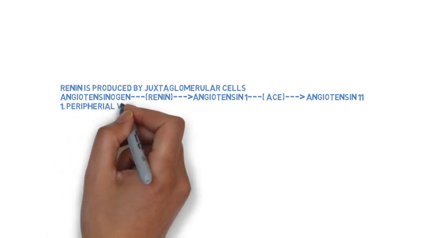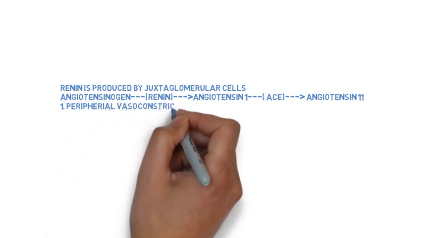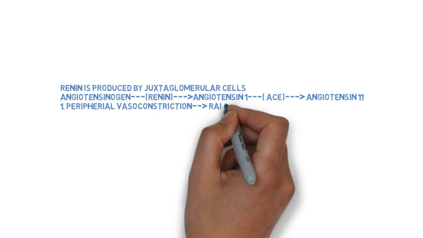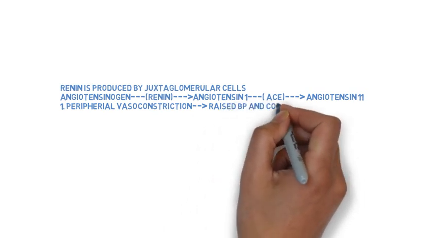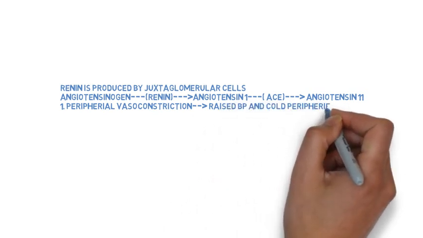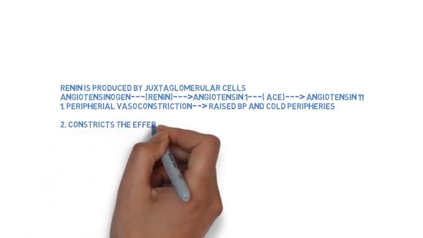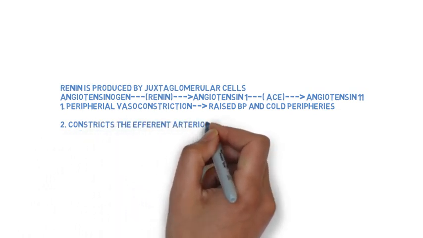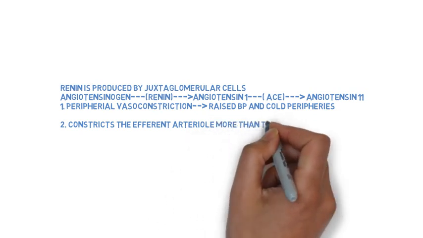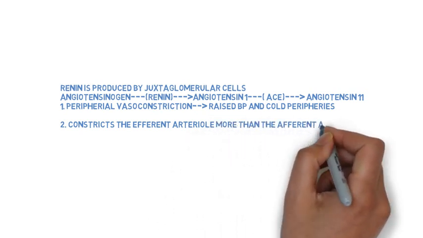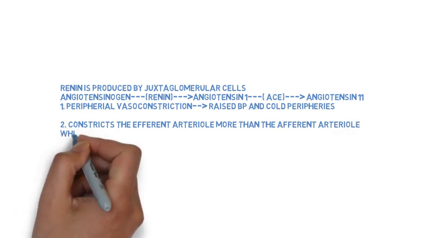And it is this angiotensin 2 which exerts the effects. Like the fight or flight or sympathetic system, it will cause peripheral vasoconstriction. This will increase the blood pressure and cause cold peripheries, just like the fight or flight system.